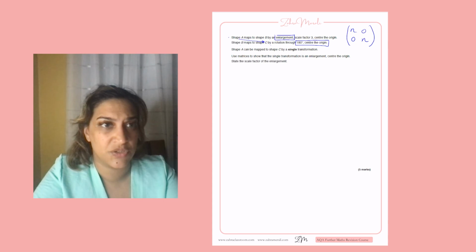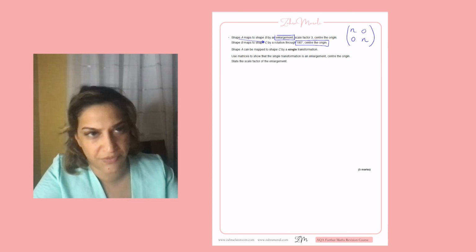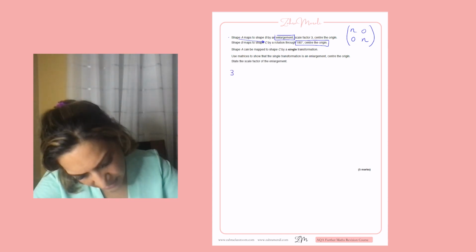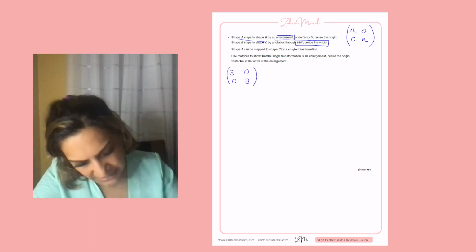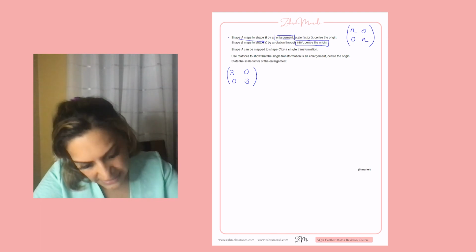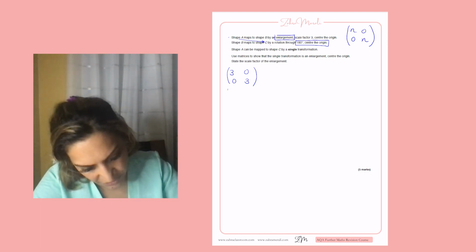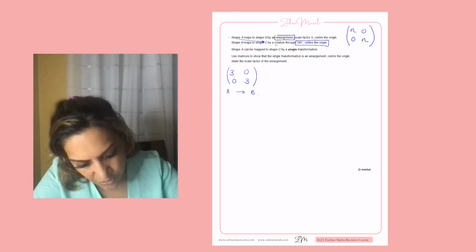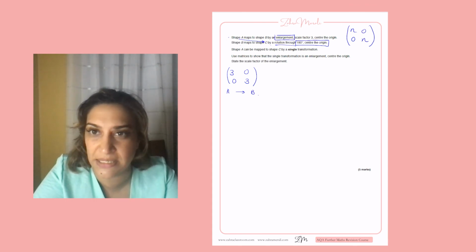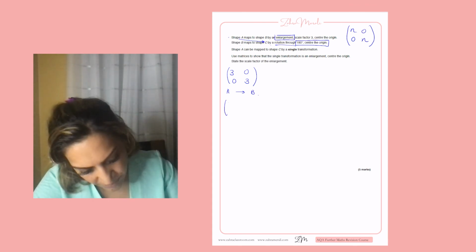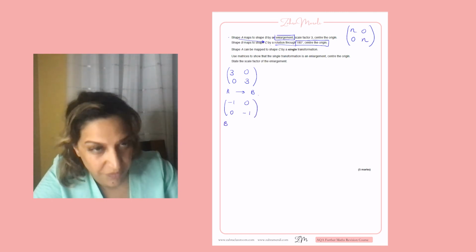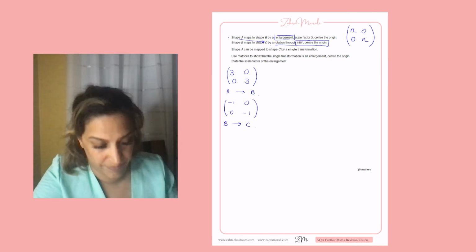So I would have 3, 0, 0, 3, which is my enlargement, and that takes me from A to B. So that's going from A to B. Then we've got a rotation through 180 degrees. So that was -1, 0, 0, -1, and that's going from B to C.